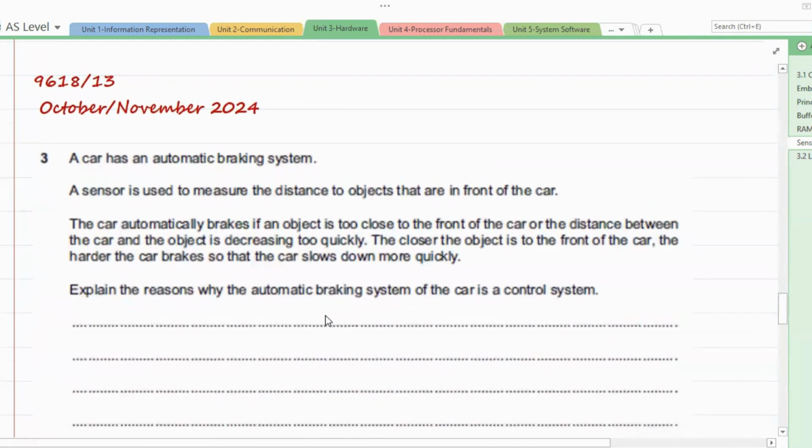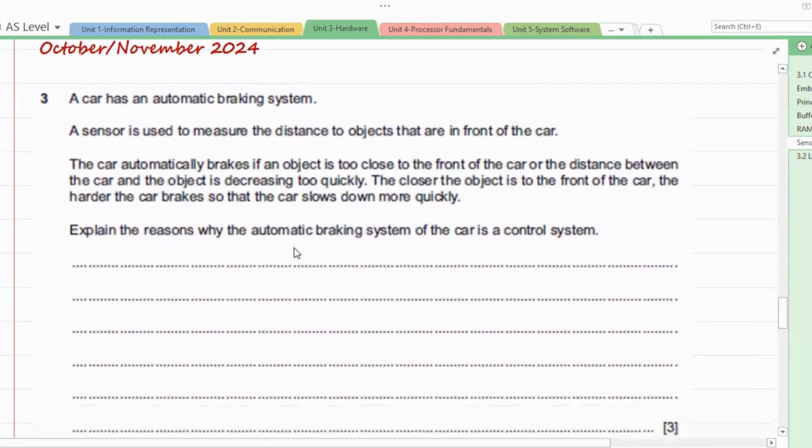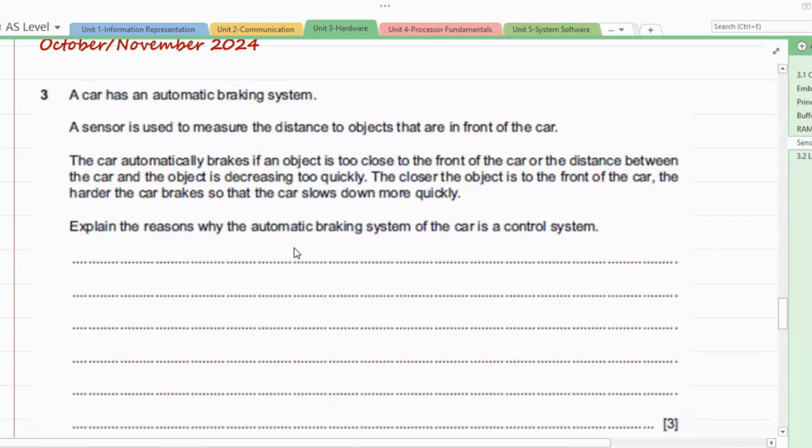Now let's have a look at some past paper questions. Let's apply what we have learned. This is a question from October-November 2024 about a car that has an automatic braking system. A sensor measures the distance to an object ahead. As the car approaches the object, the distance changes, and the system uses this information to decide how strongly the brakes should be applied. What they're asking is, why is this a control system?